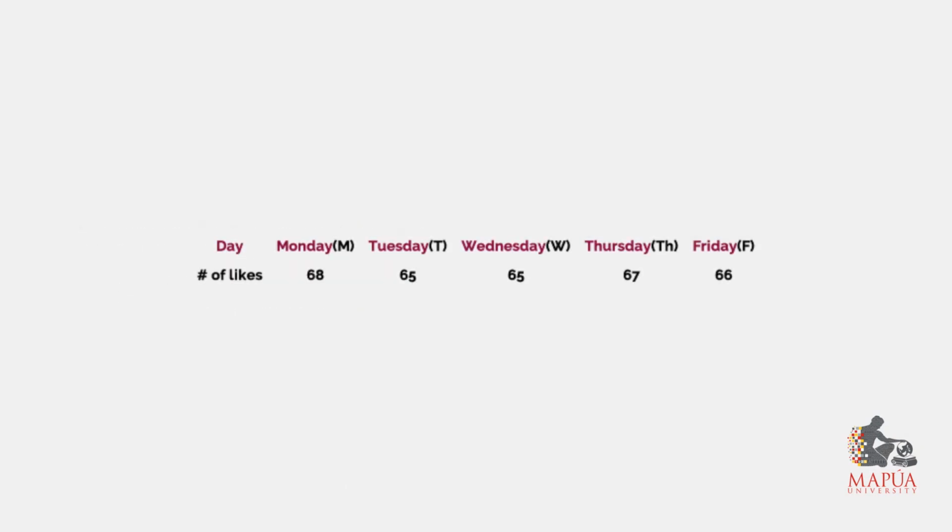So we have the Monday, Tuesday, Wednesday, Thursday, Friday data. Correspondingly, you have 68 likes on Monday, 65 likes on Tuesday, and another 65 likes on Wednesday, and so on. As you can see in this table, you have a summary of the number of likes made by his friends on this Facebook post.